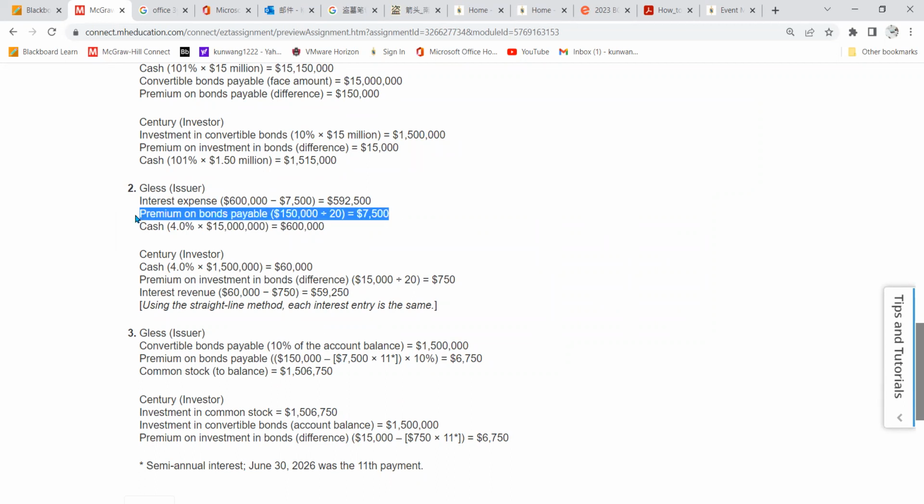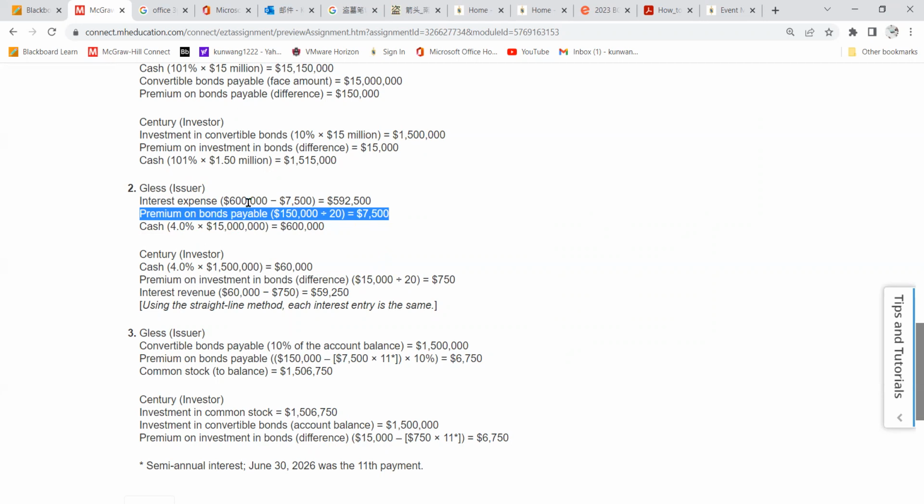Okay, we use a straight line approach. You can see 150,000 total premium divided by 20 periods, 10 years but 20 half years, okay, semi-annual. And the cash interest is 4% of the face value, 600,000.